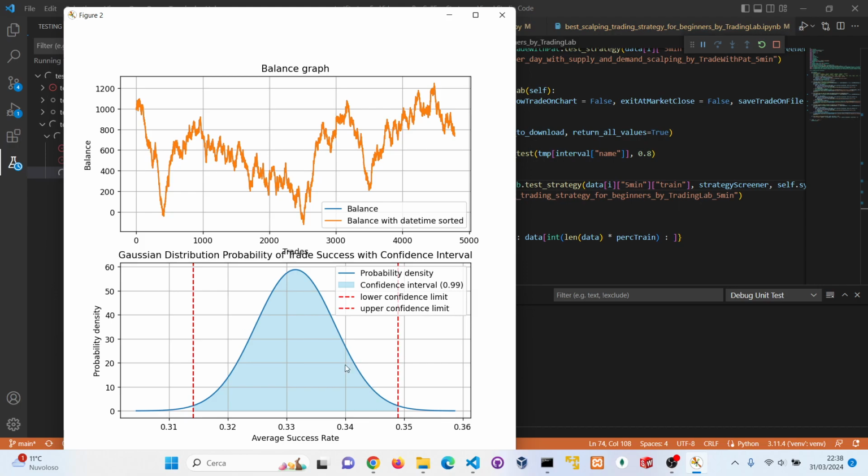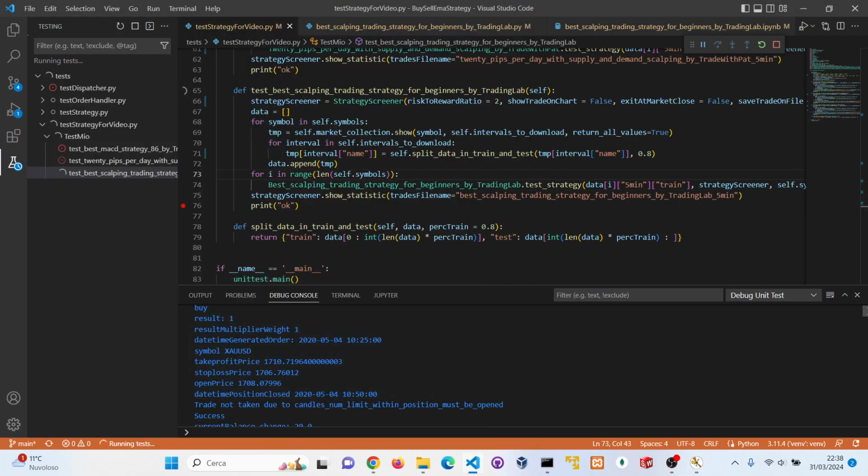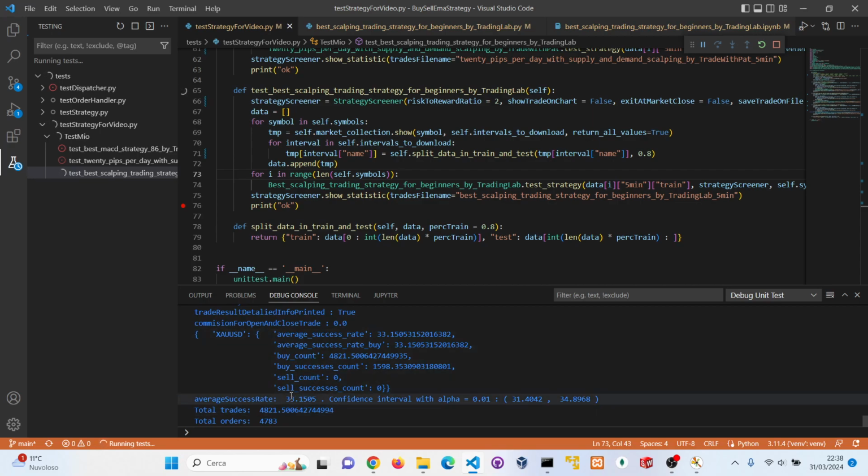As we can see, we would have lost some money and the average success rate is below 33.3. That is the average success rate to break even. So yeah, basically this strategy doesn't work on gold on the 5-minute time frame.